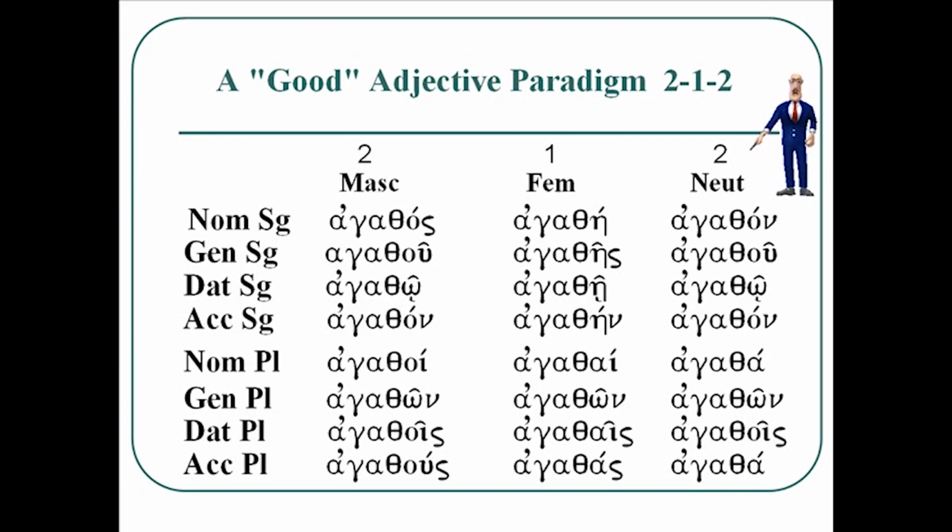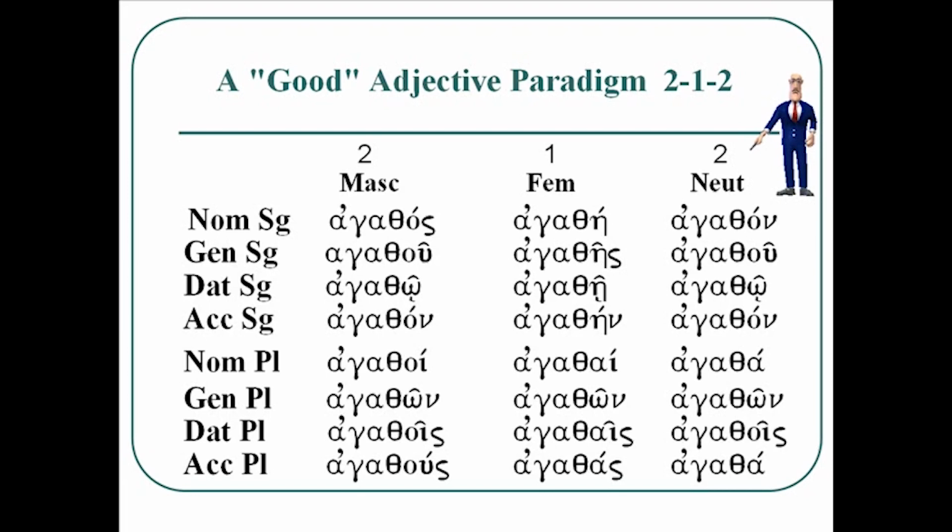Similarly, for the neuter, the nominative, genitive, dative, accusative is exactly the same endings as we've gotten from heteron. So it's agathon, agathou, agatho, agathon, agatha, agathon, agathois, agatha.